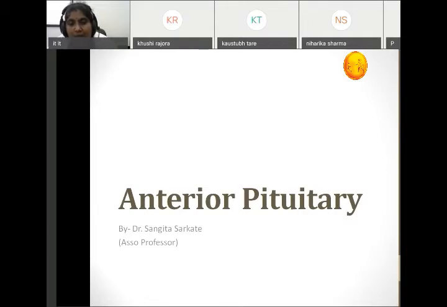Now the chromophile cell is of two types. We take the acidic stain, which gives the acidophilic cell, and we take a basic stain, which gives the basophilic cell. Depending upon the staining property, the cells are divided into acidophilic cells and basophilic cells.